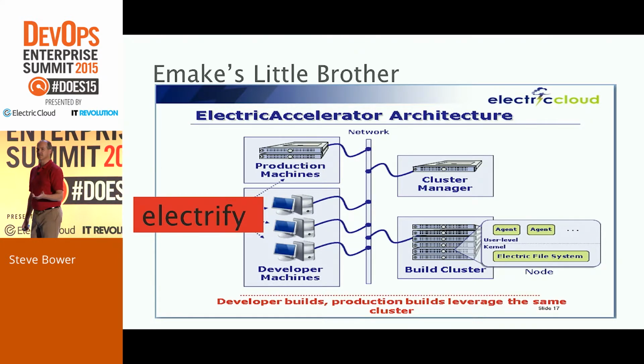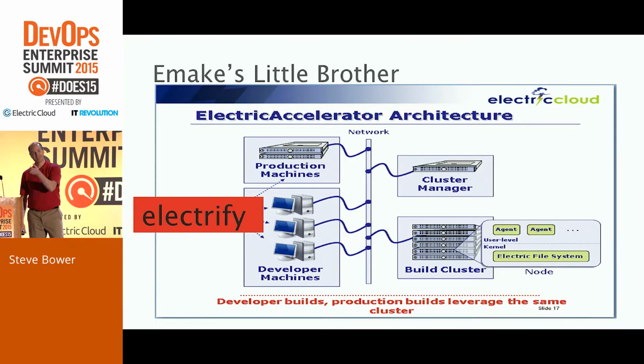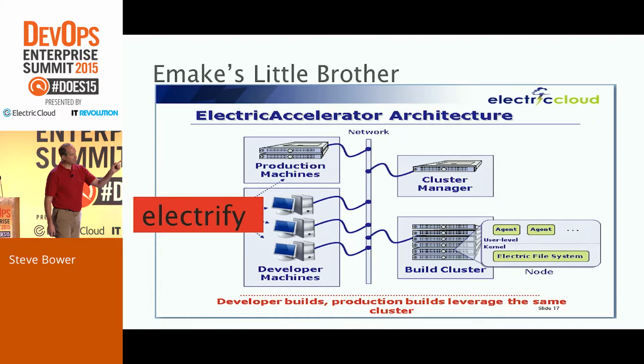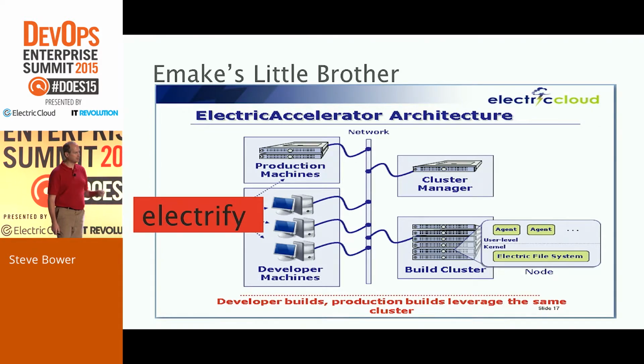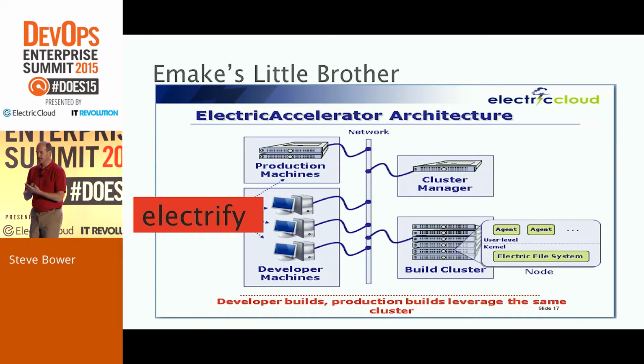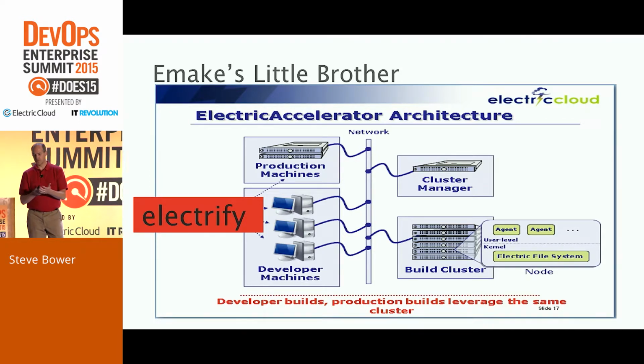When that compile is done, you get foo.o, the object file from it, and it sends that file back to the Emake system where you started your build from, and it writes it to your workspace. And this is great. You get the offload capability, you get the file access handled for you.